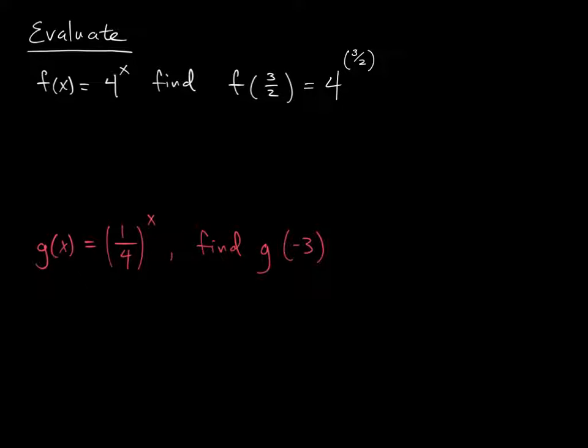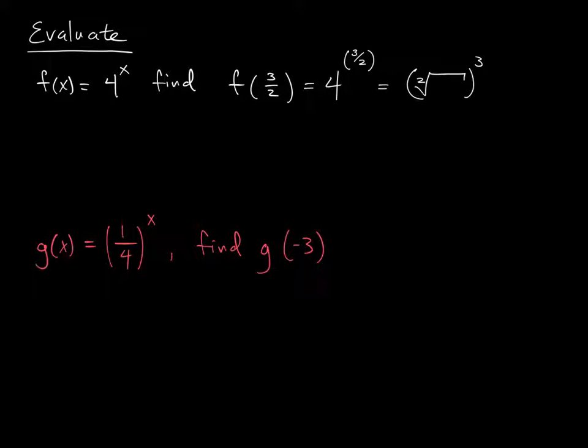One thing that will help you understand what this means is to rewrite in radical form. So the denominator of your exponent becomes your root. So it's a square root. And the numerator of your exponent becomes the exponent.